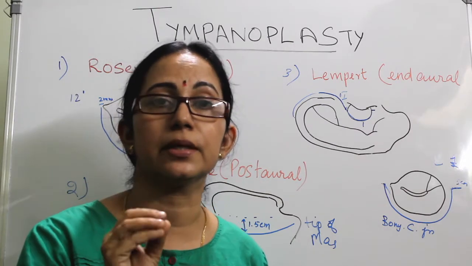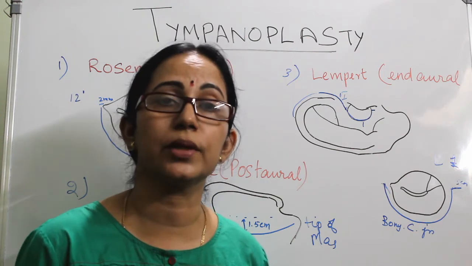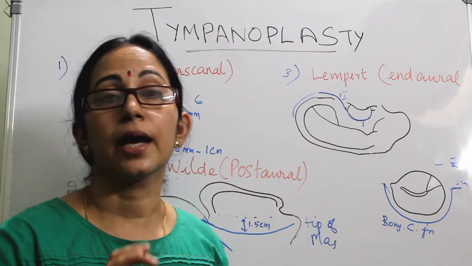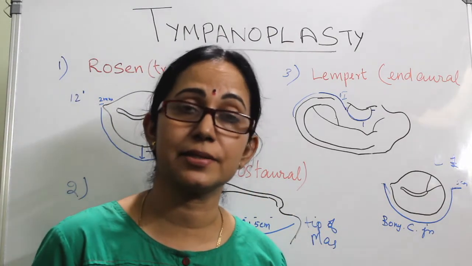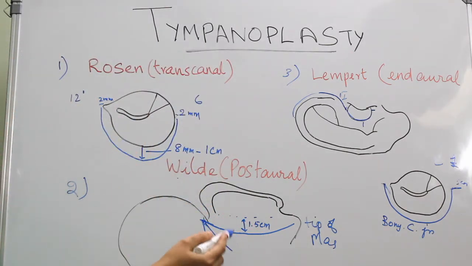Only if the disease is limited, like an active cholesteatoma, can you do that. Otherwise, you have to combine it with a postaural incision, and a high level of expertise is needed for an endaural incision. So these are the 3 incisions commonly used in tympanoplasty.